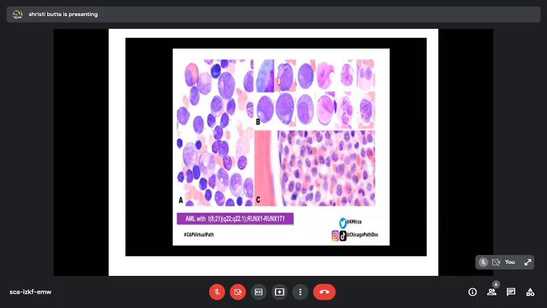These are azurophilic granules in the cytoplasm, okay. Even though blasts are less, yes, blasts are less, but the patient has a translocation. Okay, so you have cytogenetics and your molecular telling you that there's a translocation 8;21, RUNX1-RUNX1T1. So if that is there, then you have to diagnose it as AML.